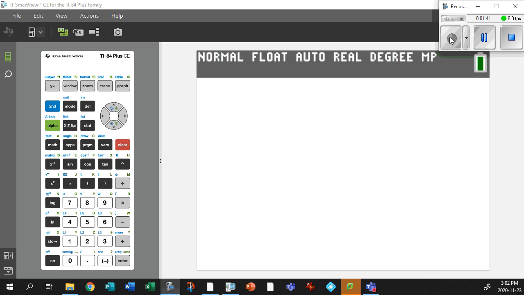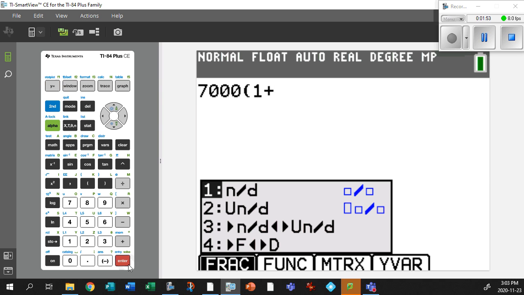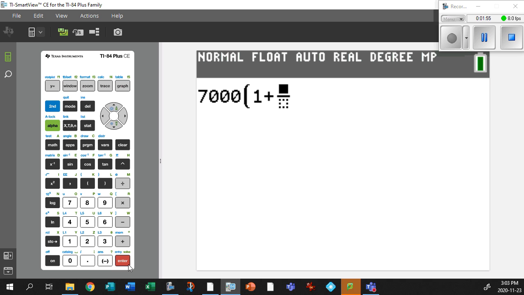So my calculator's going right here. There's $7,000. Right. 1 plus the interest rate. Remember, it's quarterly, so put your fraction in there. Your fraction being your annual interest rate divided by how many times it's compounded, which is 4. Bracket here. If you want to put the 4 times 6 down, you can.